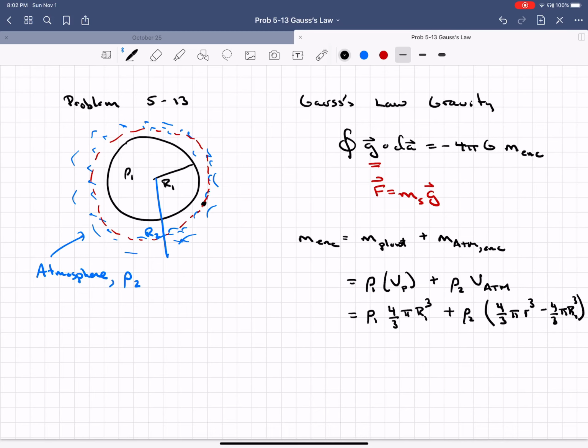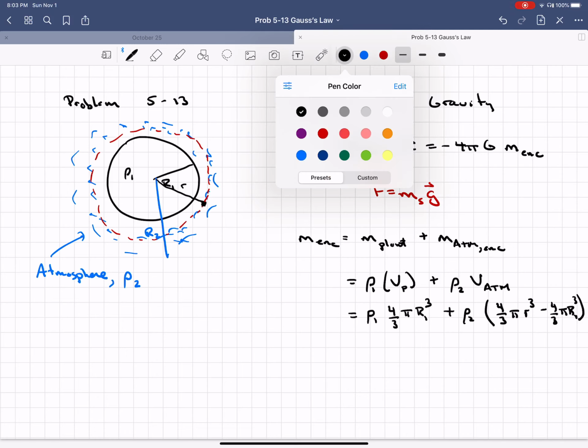And the reason for that is that the black dot is where my ship is located, at some radius r, and the only bit of the volume of the atmosphere that I need is the part of the atmosphere that is beyond the radius of the planet, but inside of my red circle, or my red sphere.